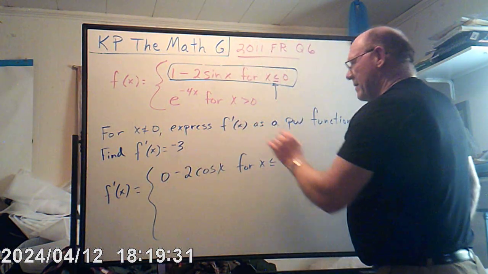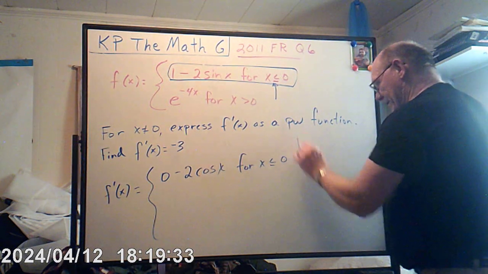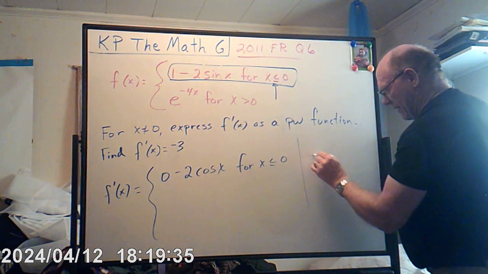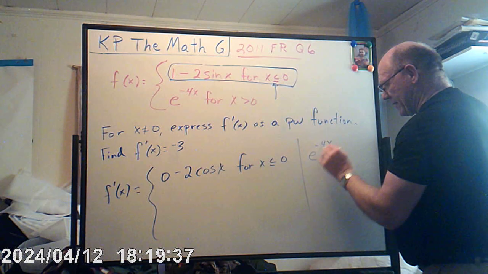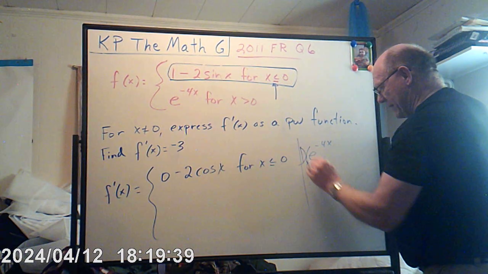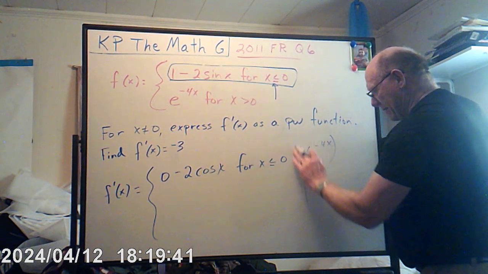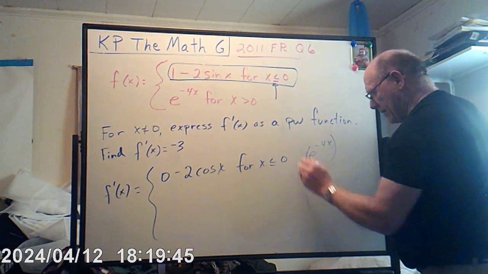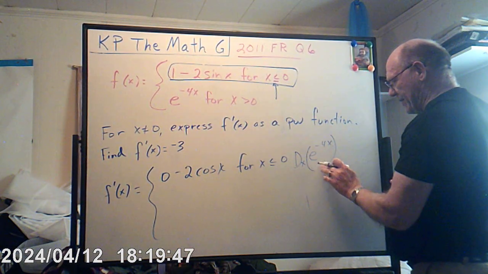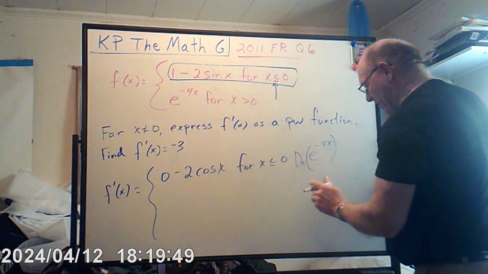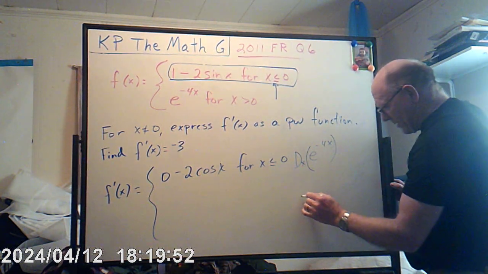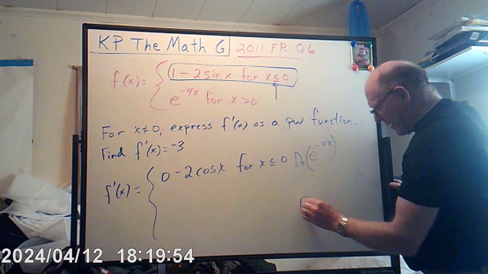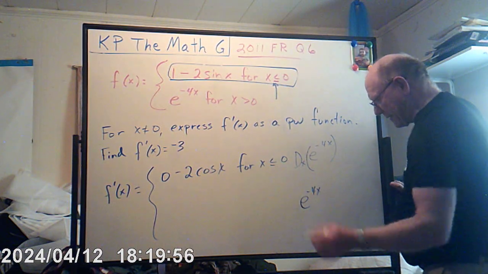All right, then the second part of this is e to the negative 4x. Let's put this off to the side. E to the negative 4x. The derivative of that. All right. The derivative of this is equal to, now remember, e to the u is just e to the negative 4x.